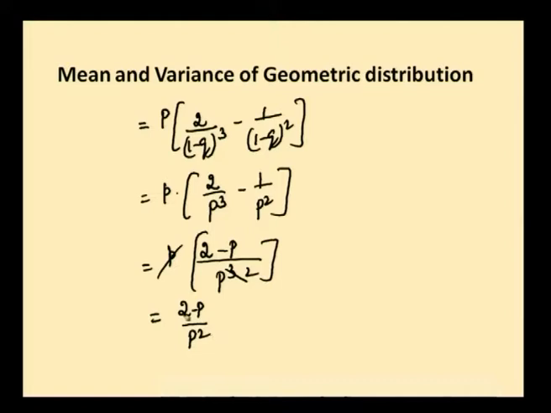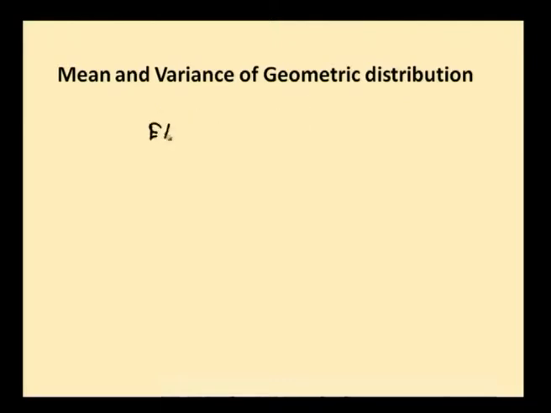Okay. This 1 minus p is actually q, right. So, it is written as 1 plus q by p square, where q is equal to 1 minus p. So, this is written as 1 minus p, 1 plus 1 minus p becomes 2 minus p. So, this is E of x square, right. E of x square is equal to, we have got the answer as 1 plus q by p square.